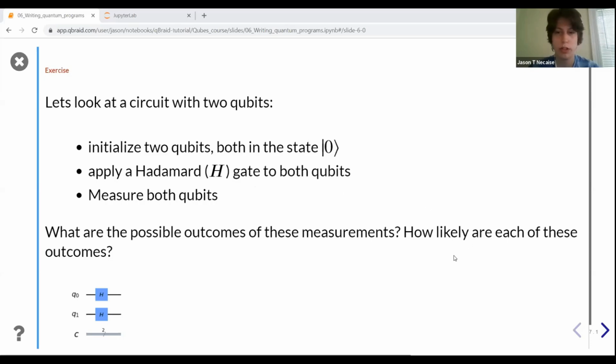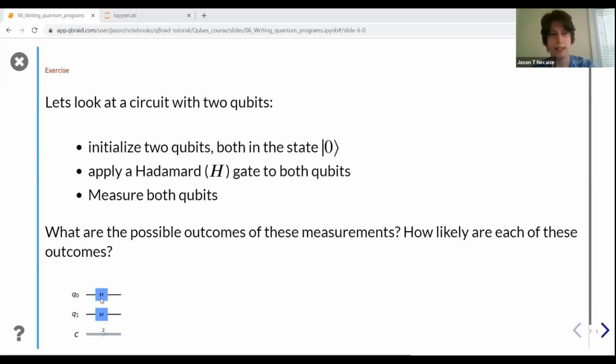Okay, so what are the outcomes that are possible for the total result of the circuit if I measured right now after this? I have qubit number 0 and qubit number 1, and they are sitting in this configuration. Each qubit has a 50-50 chance of being measured as 0 or 1, right?